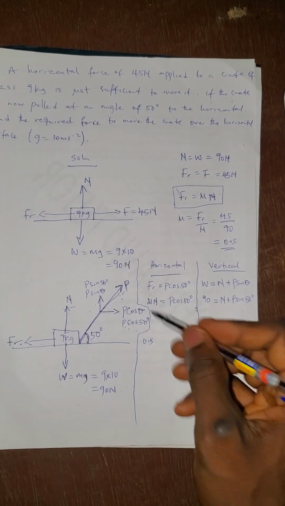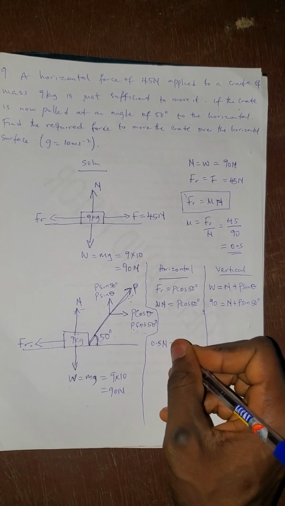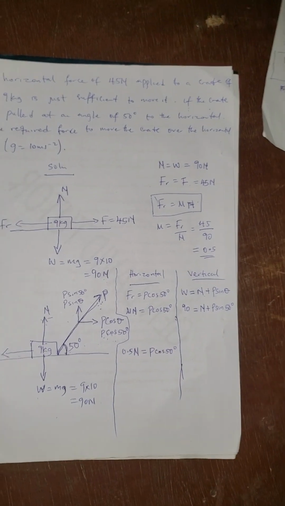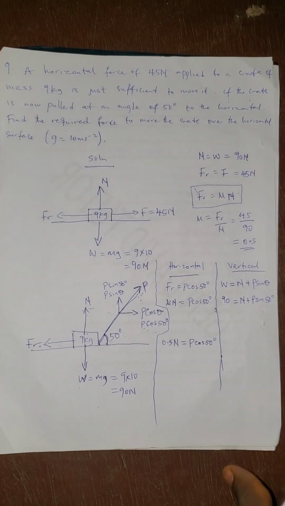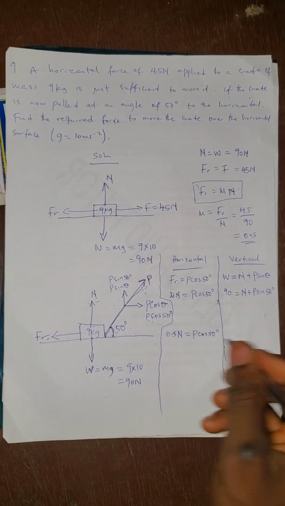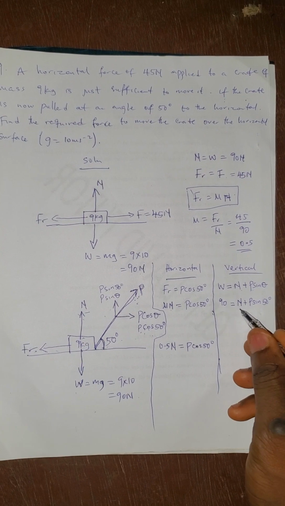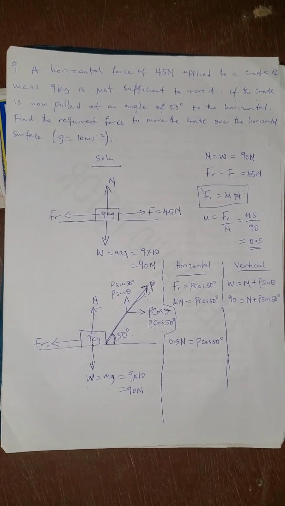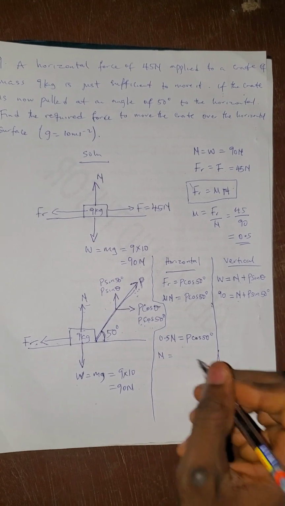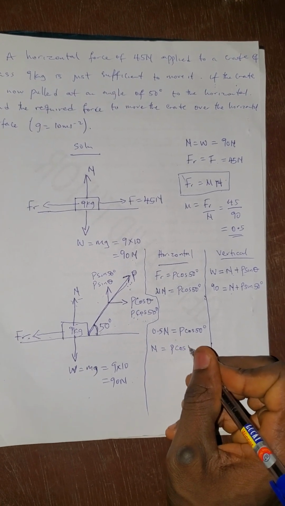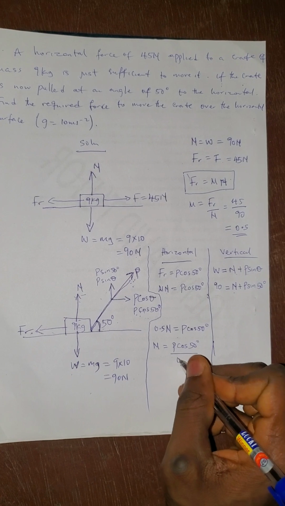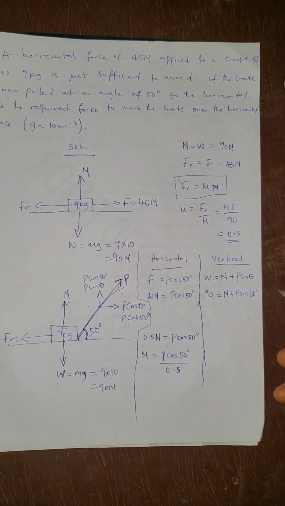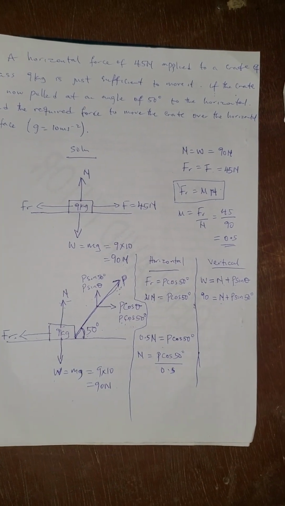The coefficient of friction is 0.5, so multiplied by N is equal to P cos 50. So we are looking for P, that's the required force. So we have to do it in such a way that it will be equal. Then let's make N the subject of the formula here, so that it can cancel each other. When you check this, we have N equal to P cos 50 degrees over 0.5. Then here, let's make N the subject of the formula as well.